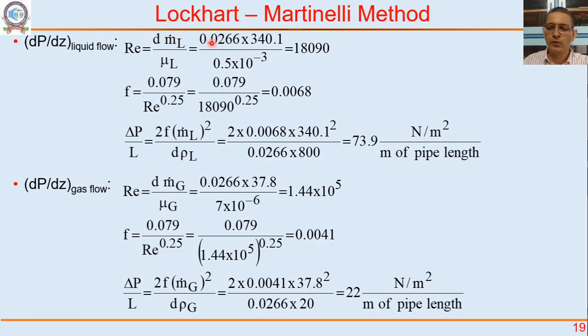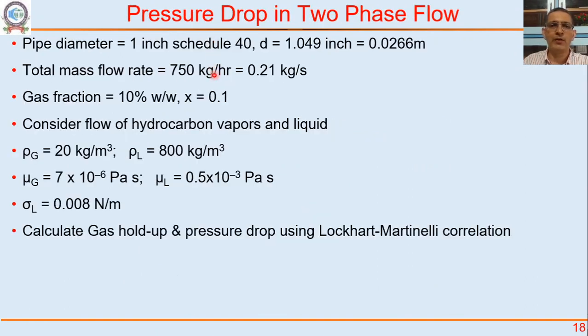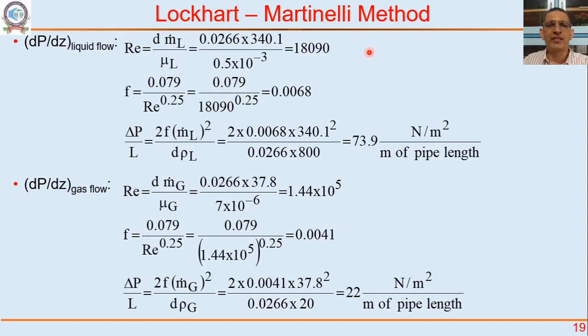So you know the mass flow rate is 750 kg per hour, or 0.21 kg per second. Gas fraction is 0.1, so that means liquid fraction is 0.9. So 0.21 multiplied by 0.9 will give you the liquid mass flow rate, divided by cross-sectional area, that will give you the liquid mass flux. You just make sure that you get this number.